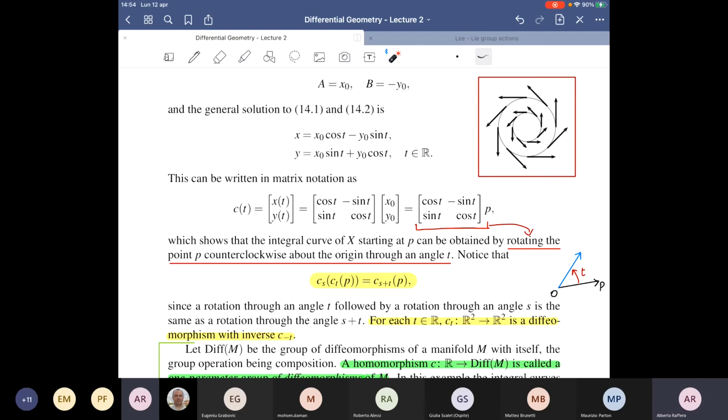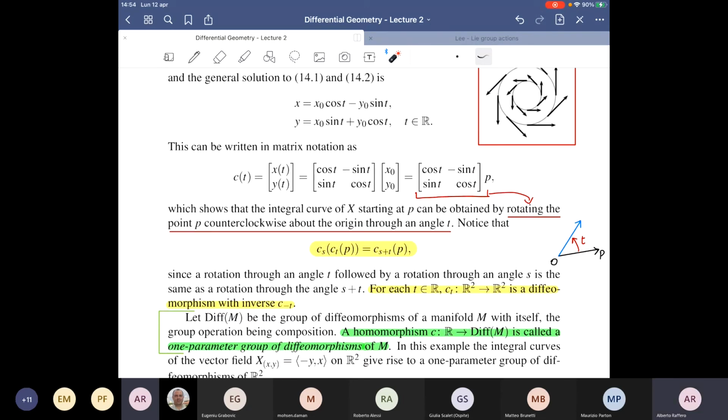This is because you just have to multiply the matrix representations and apply some properties of the sine and cosine functions to recognize that the transformation associated with rotating first by an angle of t and then by an angle of s is just the transformation that rotates the point by an angle of s plus t. So we are just composing these two transformations.